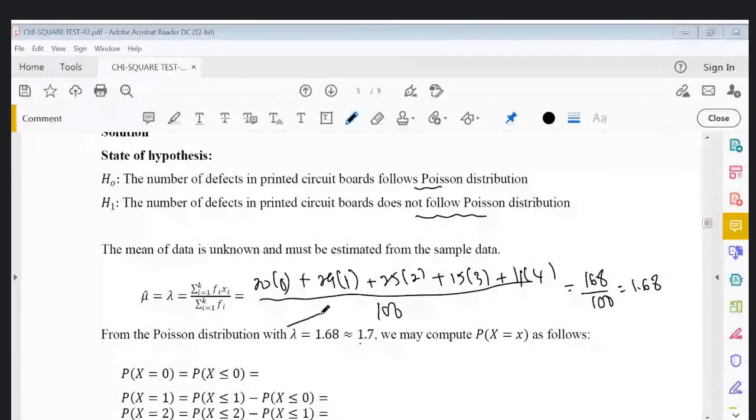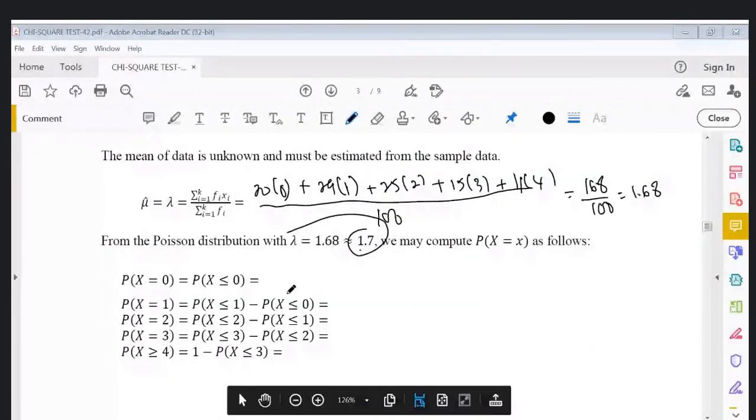Terakhir, cuba penuhkan nilainya. Look from the table, what is the value? Lambda is 1.7 for k is 0. Berapa nilai dia?